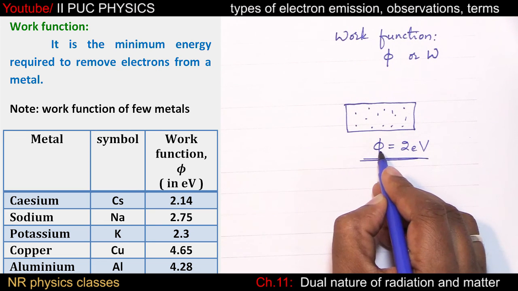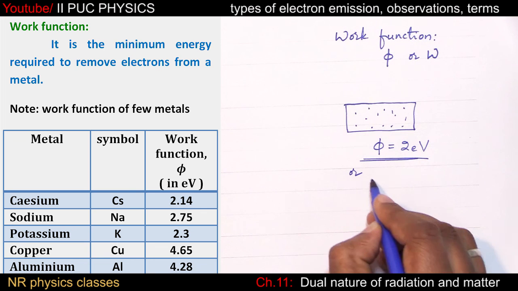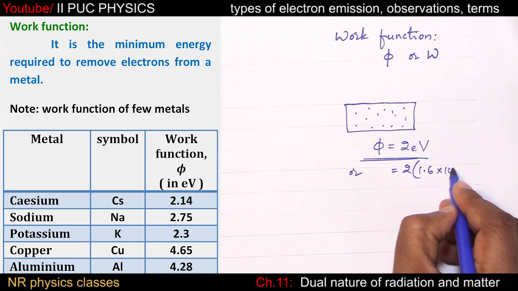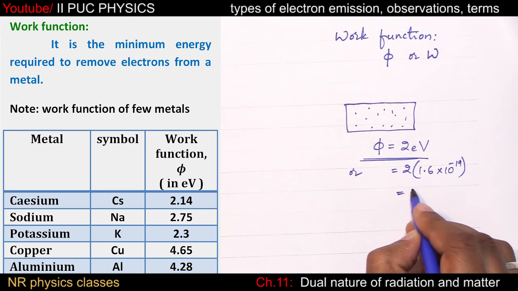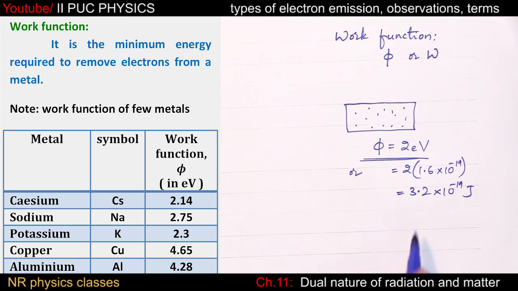So work function can be expressed in eV or in joule. In joule, it is 2 into 1.6 times 10 power minus 19, which is equal to 3.2 times 10 power minus 19 joule. 2 eV is equivalent to 3.2 times 10 power minus 19 joule.